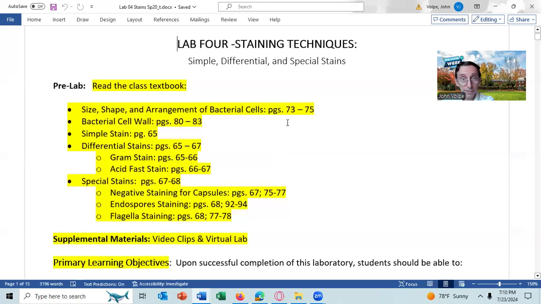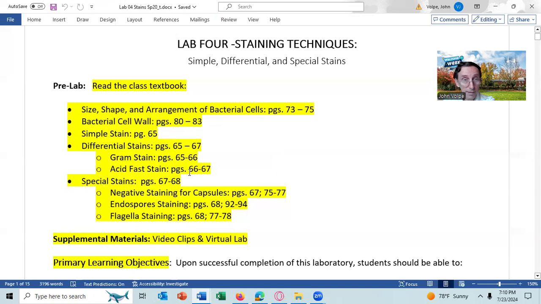You should read page 73 to 75 on size, shape, and arrangement of bacterial cells. Read about the bacterial cell wall on page 80 to page 83. Read about the simple stain on page 65, and then read about the differential stain, the Gram stain on page 65 to 66, and the acid-fast stain on page 66 to page 67.